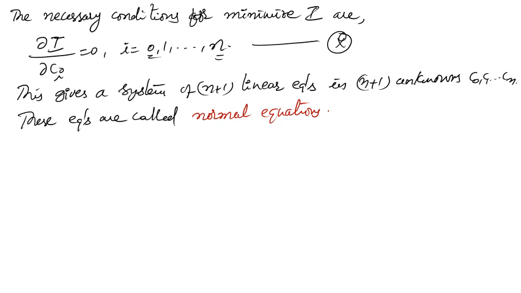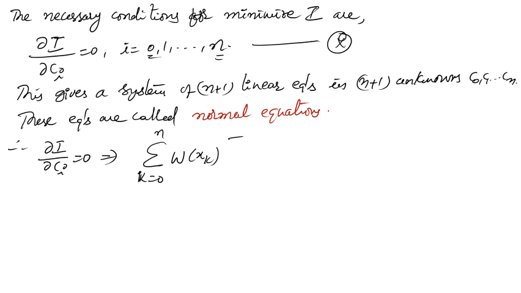If I take a differentiation of this, then dou I by dou Ci equal to 0 implies, for the discrete case, let me consider summation k equal to 0 to n of w of xk, and f of xk minus summation i equal to 0 to n ci into phi i of xk, whole square.